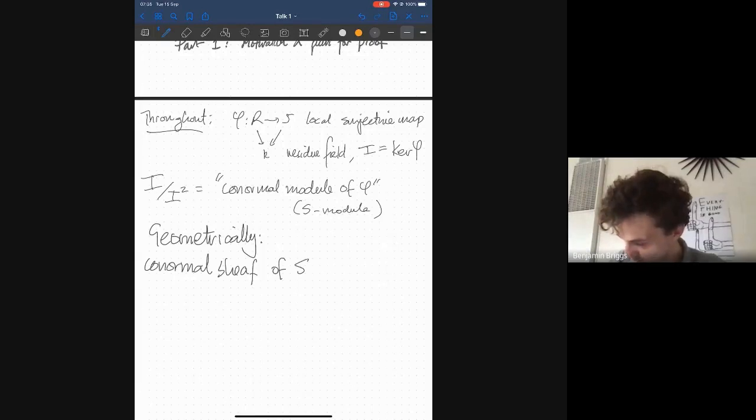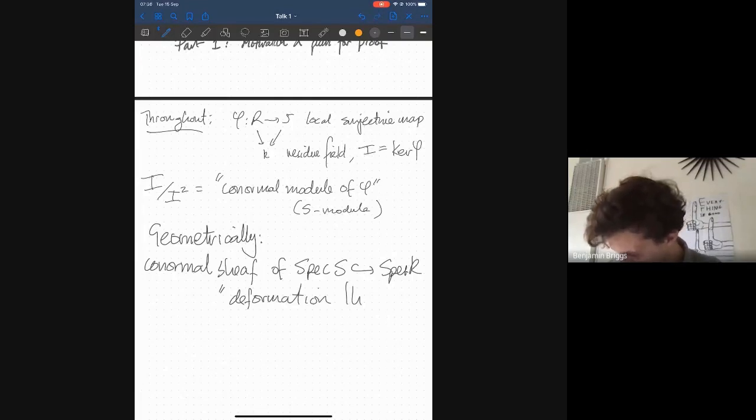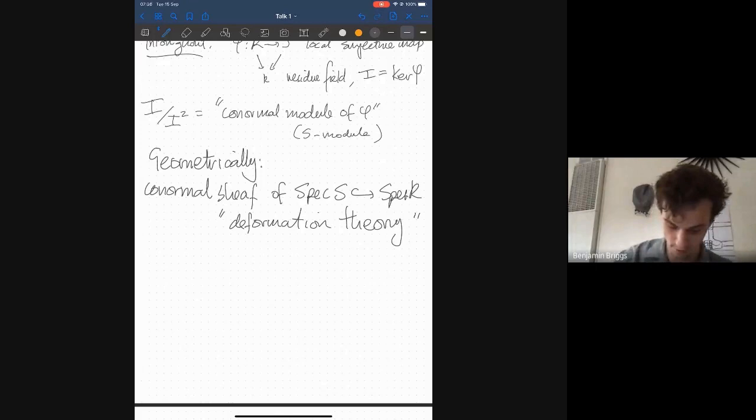It's the conormal sheaf of spec S inside spec R. So the name is coming from geometry because it's telling you something about the deformation theory of S inside spec R. This is where normal is coming from, the normal directions to spec S inside spec R. Sorry, I have to remember to write large. But I won't really talk about it from the geometric perspective. I'll just focus on algebra. But that's where the name is coming from, at least.